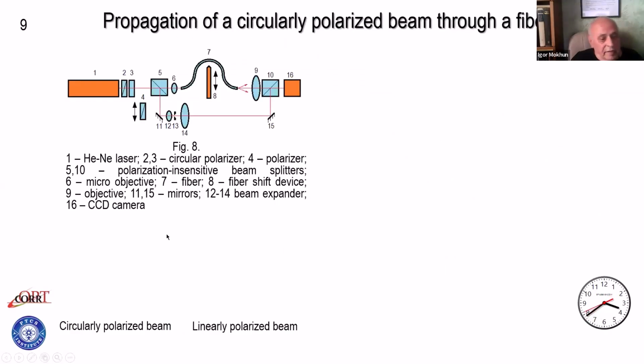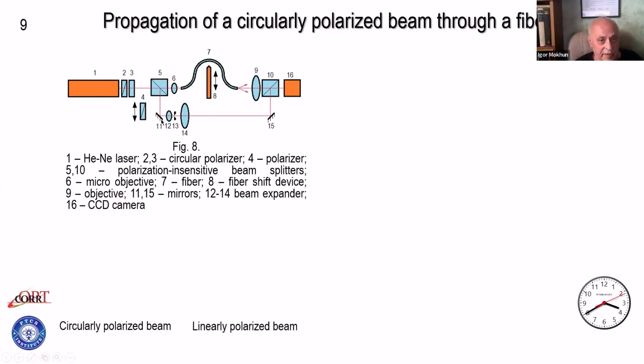Let us demonstrate this statement with the result of another experiment, the essence of which is the following. Let us assume that a Gaussian linearly polarized beam propagates through a single mode fiber, and then similar but circularly polarized beams propagate through the same fiber.